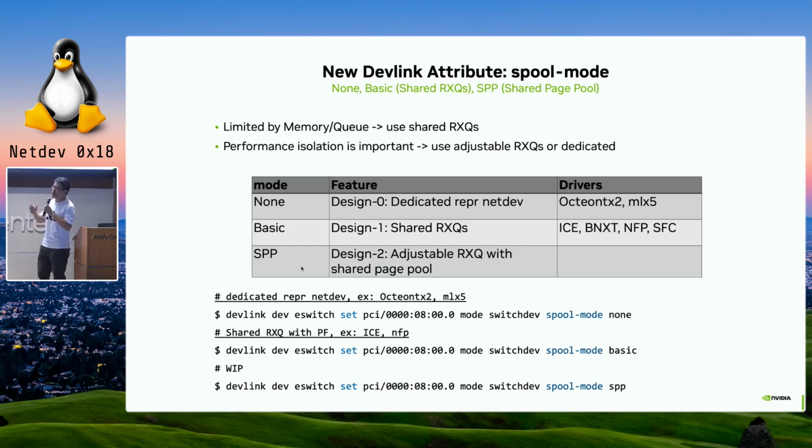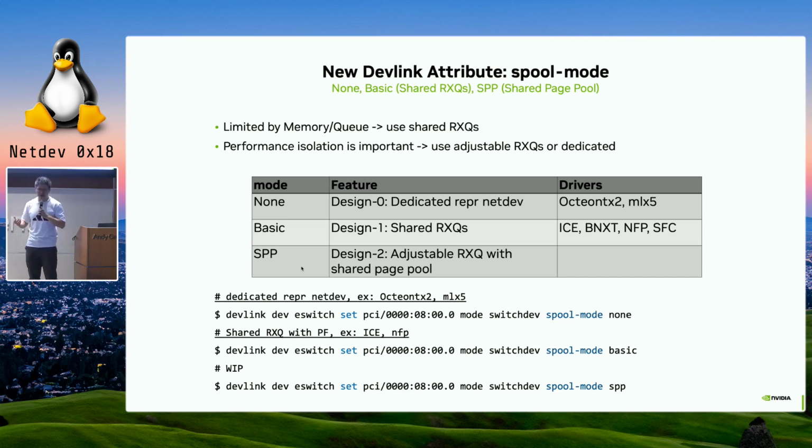So far we talked about design 0, design 1, and design 2, and each vendor driver has different implementation. So here is a summary, and I want to see if we can have a DevLink interface allowing users to do configuration based on their use case. If users care about memory or utilization, or they have a limited number of queues, then use the shared RxQ.